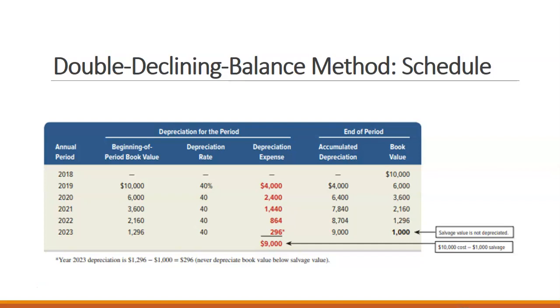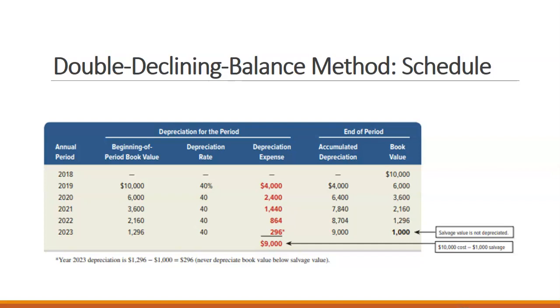So every year we take the book value times 40%. In the first year, our book value is $10,000 and we have depreciation expense of $4,000, leaving us a book value of $6,000. The next year we take 6,000 times 40% to get our depreciation expense.